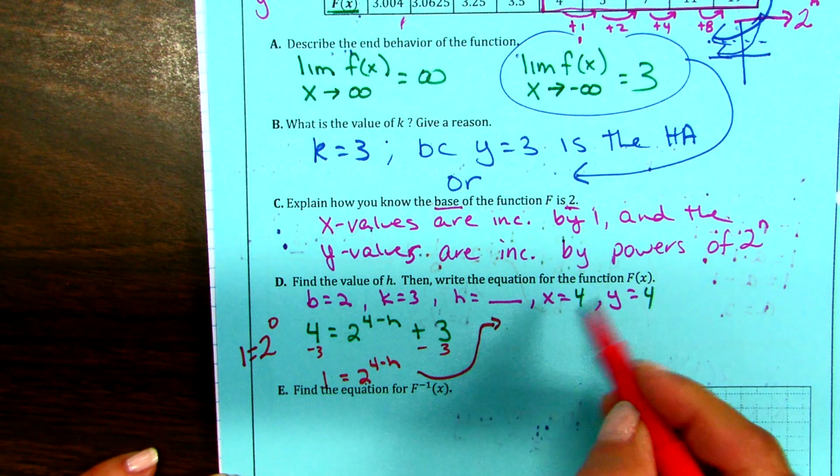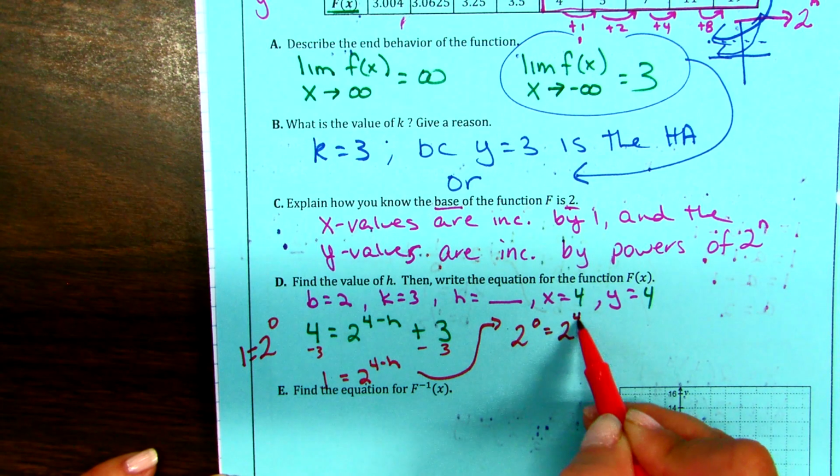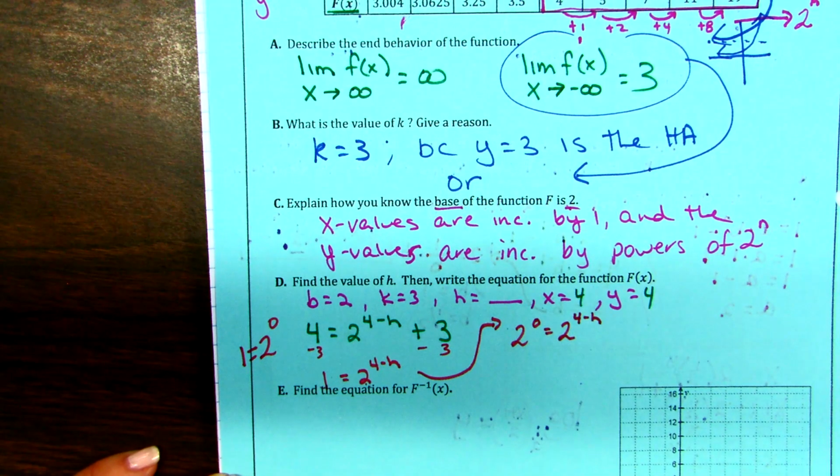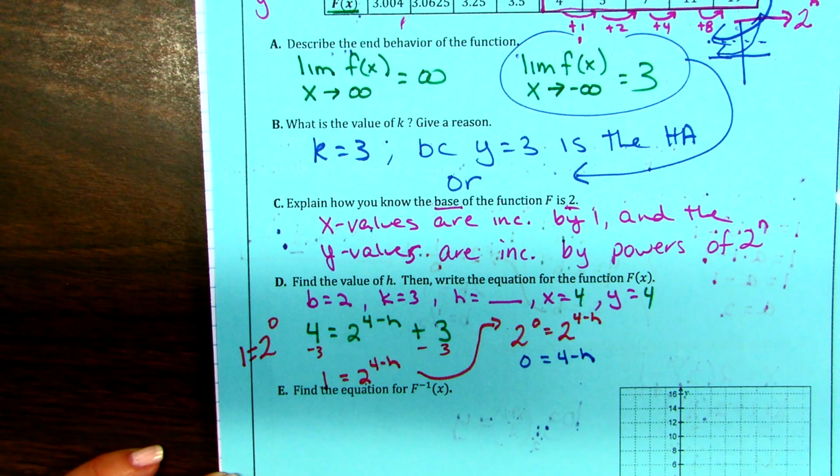I just replaced 1 with 2 to the 0 power. Once your bases equal each other, you can set your exponents equal to each other. So I would have 0 equals 4 minus h and solve for h.